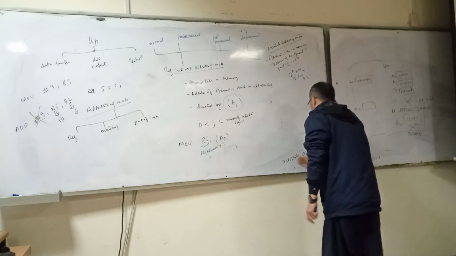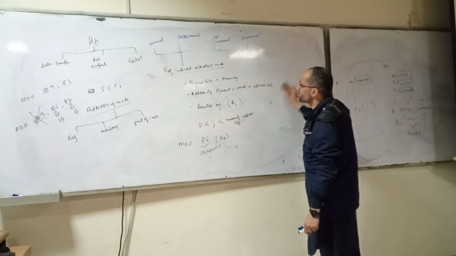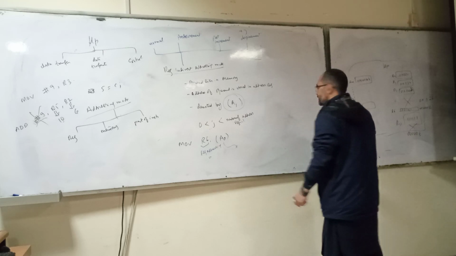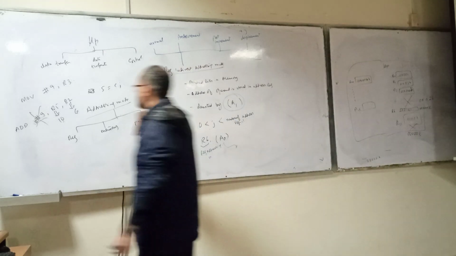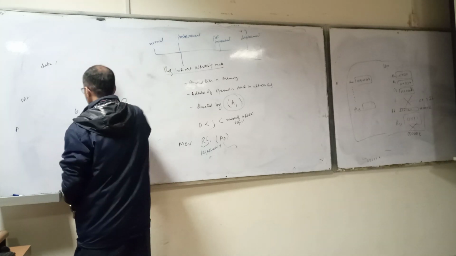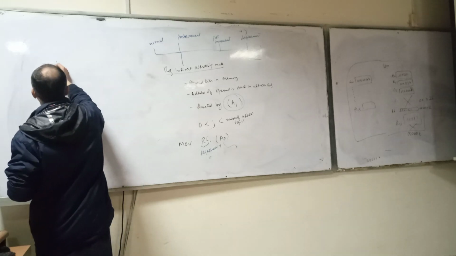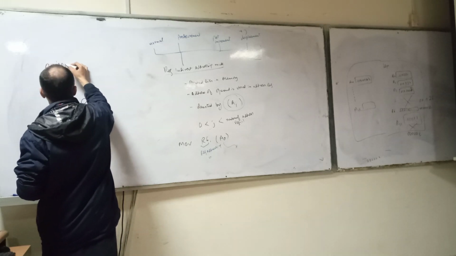Now for this addressing mode, I need some view of the memory, a little bit simple view of the memory. We have a memory, so let's assume 0x0000.